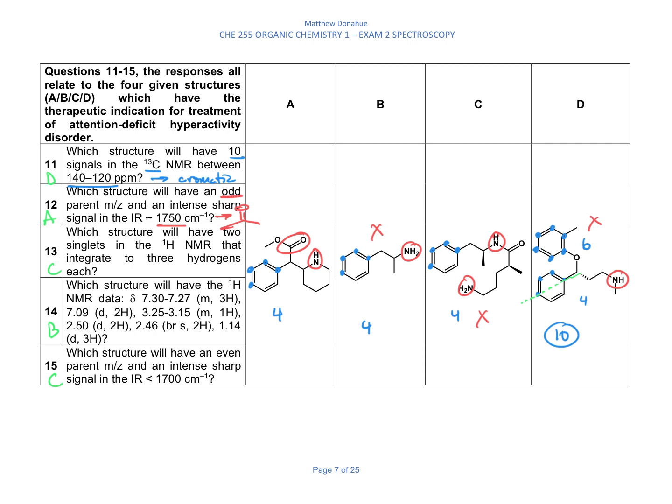Which structure will have 2 singlets in the proton NMR that integrate to 3 hydrogens each? That means 3 hydrogens each.